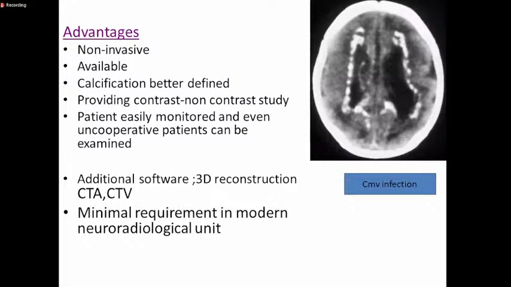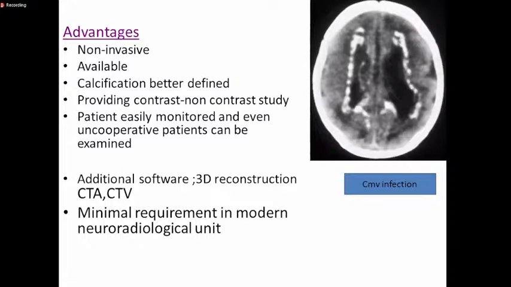It is also able to give you good contrast, and by contrast here, I mean you are able to differentiate structures one from the other, even without giving contrast. And for this one, you can monitor the patient.